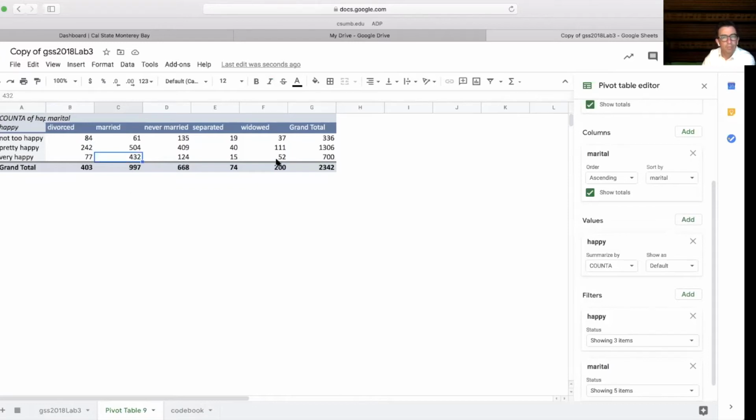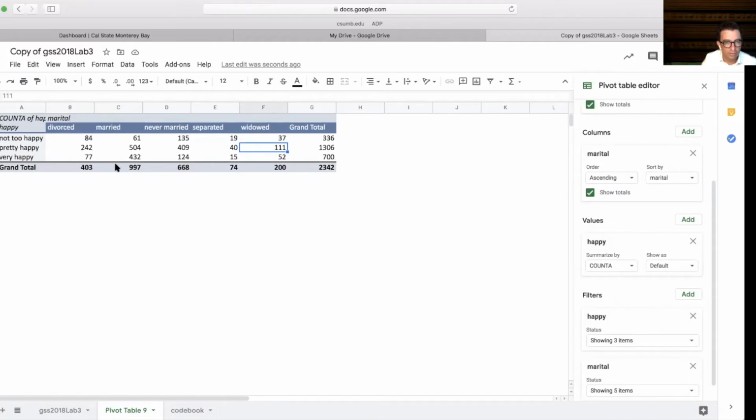All right, so good. Can we assess if there is a relationship now? Is the distribution of happiness for never married different than the distribution of happiness for those who are married currently?